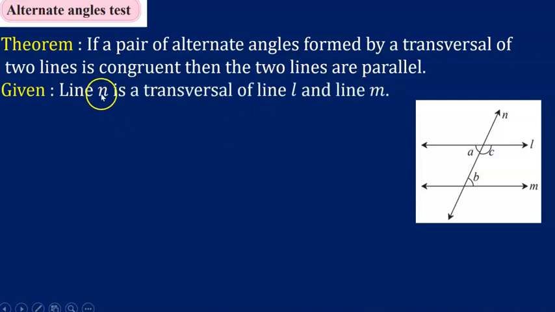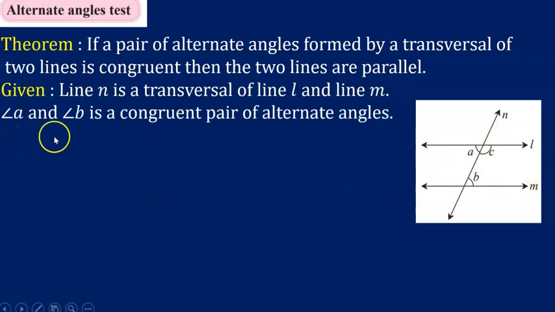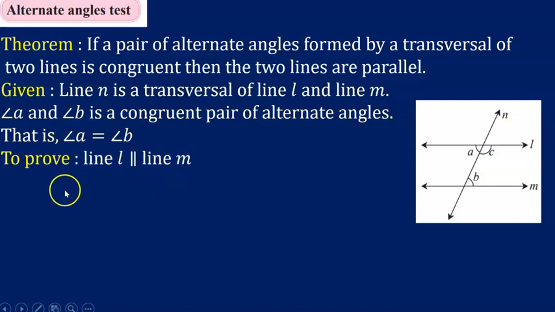Given: line N is a transversal of line L and line M. Angle A and angle B are a congruent pair of alternate angles. That is, the measure of angle A is equal to the measure of angle B. To prove: line L is parallel to line M.